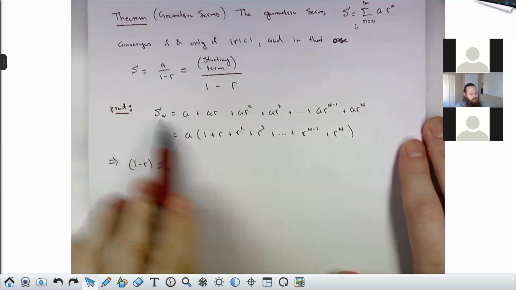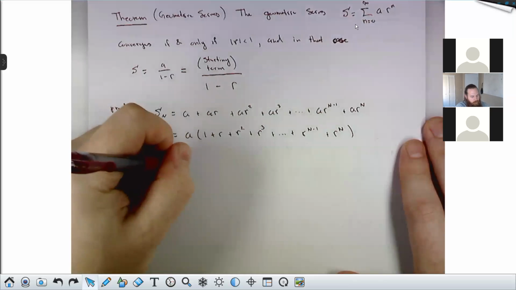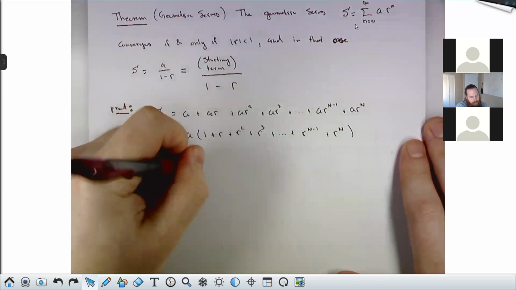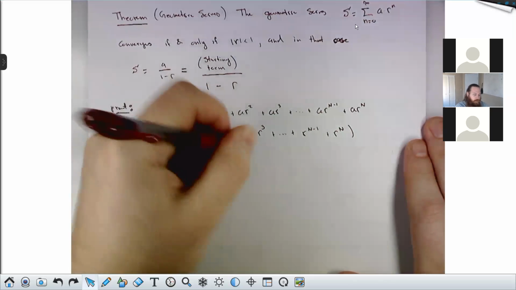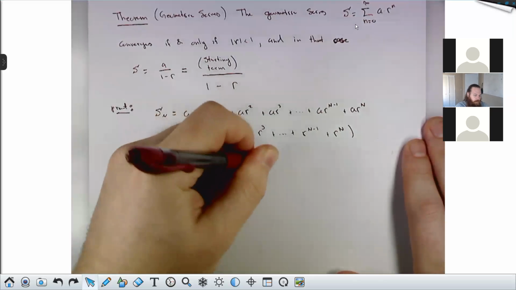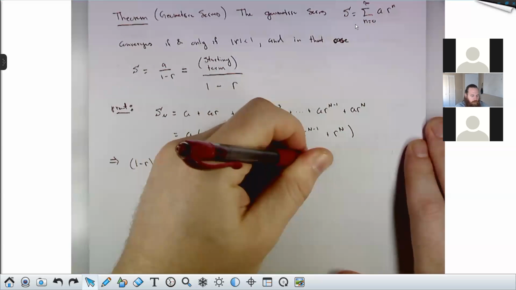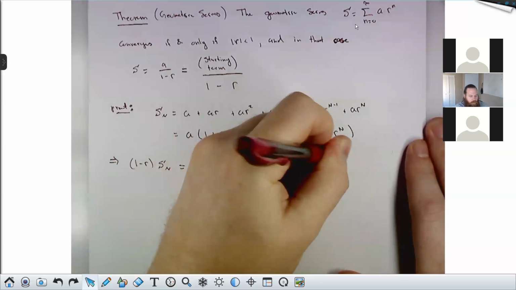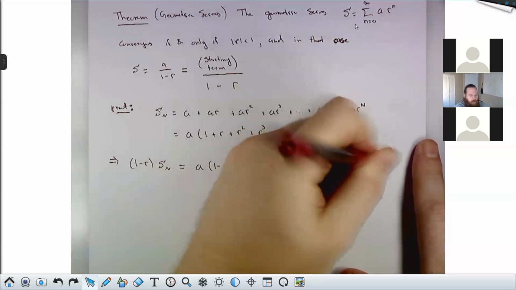So if S_N is equal to this, then 1 minus r times S_N is equal to 1 minus r times this. And I'm going to bring the a out. So that's a times 1 minus r times 1 plus r plus r squared plus r cubed out to r to the n minus 1, and then finally r to the n.